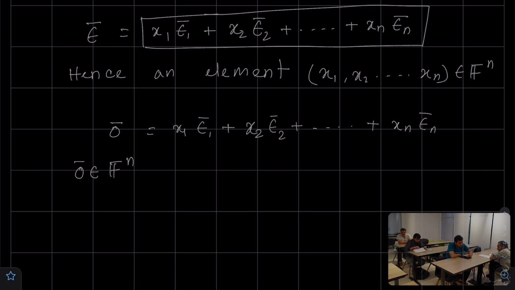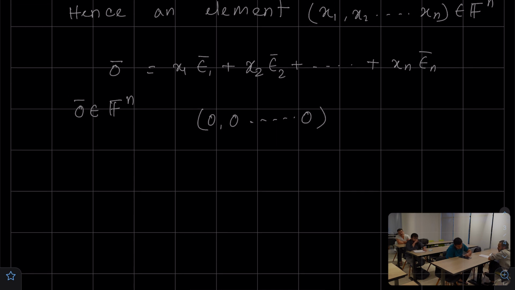Fn is n-tuples of numbers, right? Then what is the zero vector? n zeros. That means the zero vector is 0, 0, and 0.